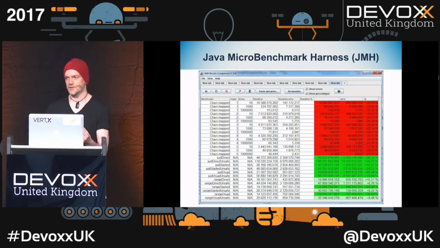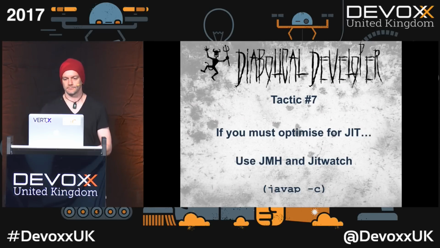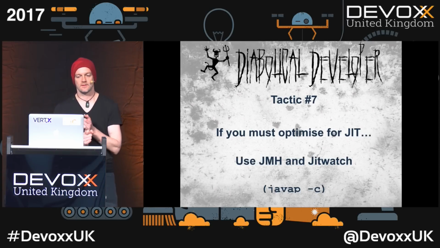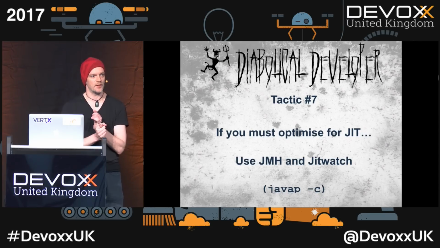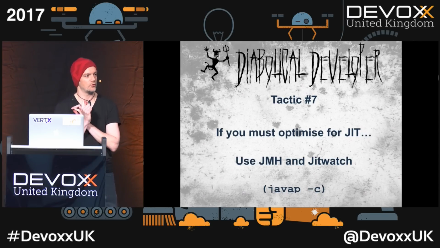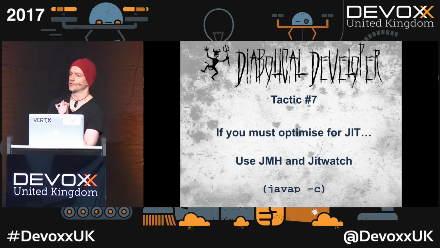So if you need to do micro-benchmarking, then use JMH. So, if you must optimize for JIT, use JMH and JITWatch. It will tell you what's going on. And you can use javap if you can't be bothered using those tools, and if you want to show off to your friends a little bit about how you look at the bytecode of a class file, 35 bytecodes or less. Don't forget it.